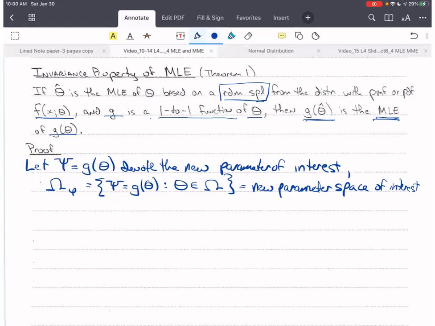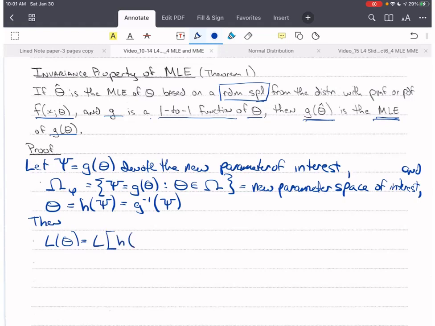Okay, and then we have let theta equal h of phi, which is equal to g inverse of phi. So h is the inverse function, so that we don't have to write the -1, we can call it h. Then we have L of theta is equal to L of h of phi. So h of phi here is theta. So we substituted in for theta with h of phi.